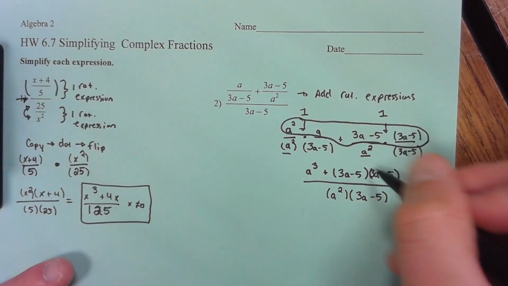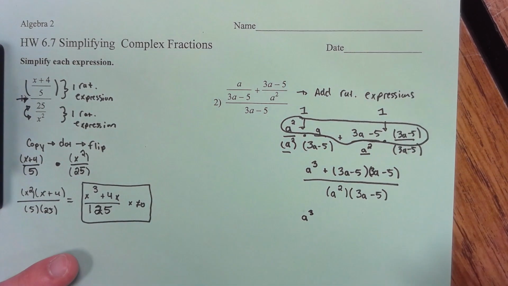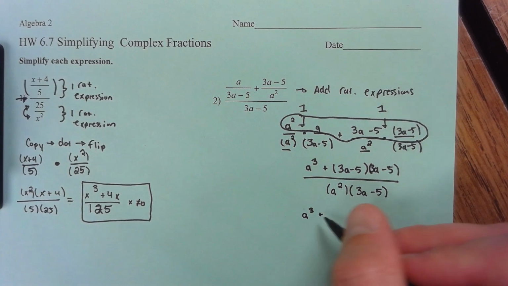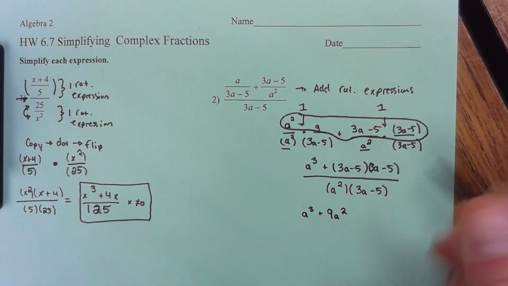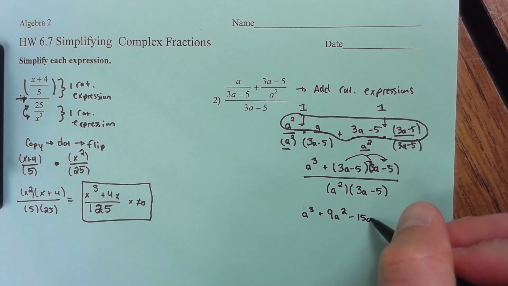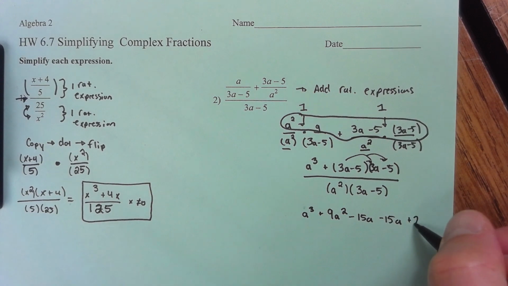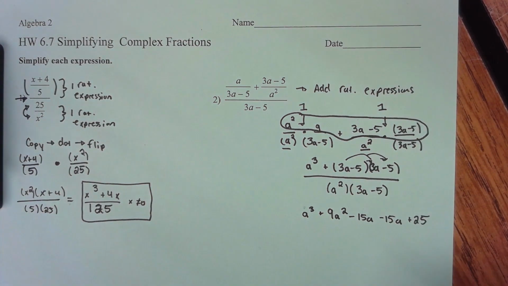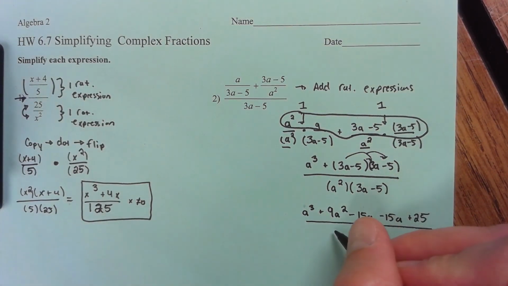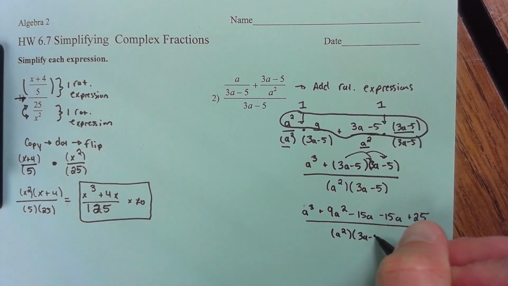So I'm going to FOIL the 3a minus 5 times 3a minus 5. That makes this a cubed plus 9a squared minus 15a minus another 15a and then plus 25, all over that denominator of a squared 3a minus 5.